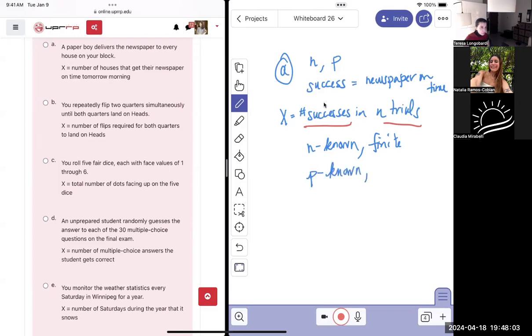If it doesn't give you the number, it should at least say that it's known. And it should be the same for every trial. Now, in this context of A, do you think that's true? Is N known and finite? Is P known and the same for every trial?